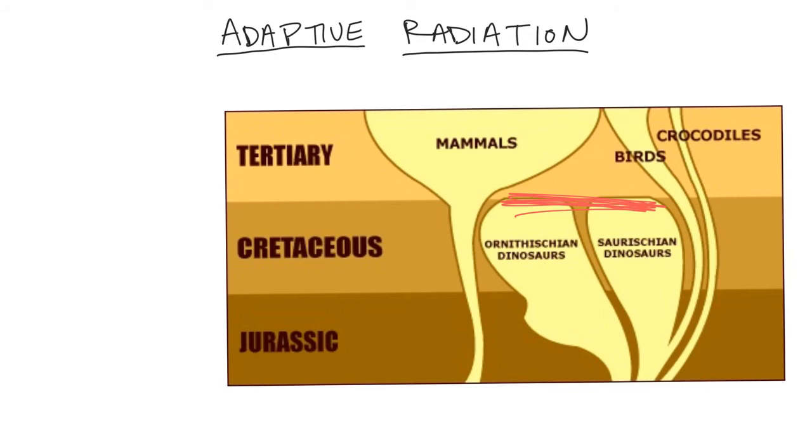But once they were removed, mammals and birds, there are actually a lot more birds than mammals, so it should be larger, but mammals and birds then filled those niches and radiated in their speciation. So this is an example of macroevolution occurring.